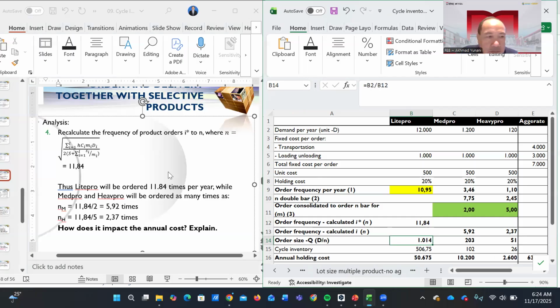Okay. Once we find the order frequency for each brand, we can calculate the order size. The order size is the annual demand divided by order frequency.